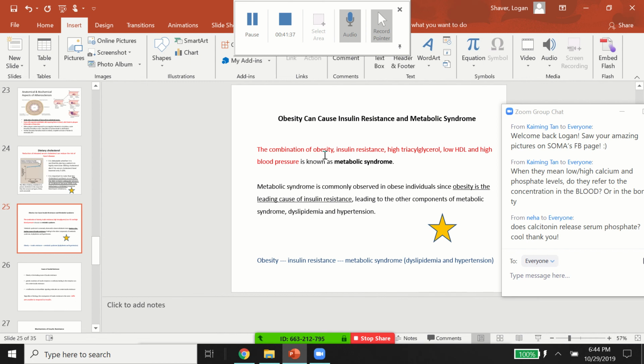Okay, so it's a combination of obesity, insulin resistance, high TGs or high triglycerides, high HDL, and high blood pressure. That's what metabolic syndrome is. Keep that in mind. Just know what it is. Okay. Now, it's typically found in obese individuals, right? Because obesity causes a lot of these problems, mainly because obesity leads to insulin resistance.